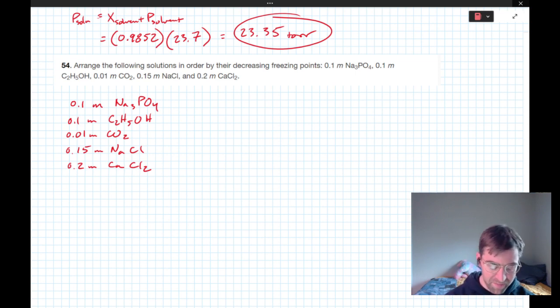We have 3 sodium and 1 phosphate, and that gives us 4 total. And remember, the total concentration of dissolved ions in solution contribute to that change. So we have 0.4 moles of solute that are impacting the freezing point.